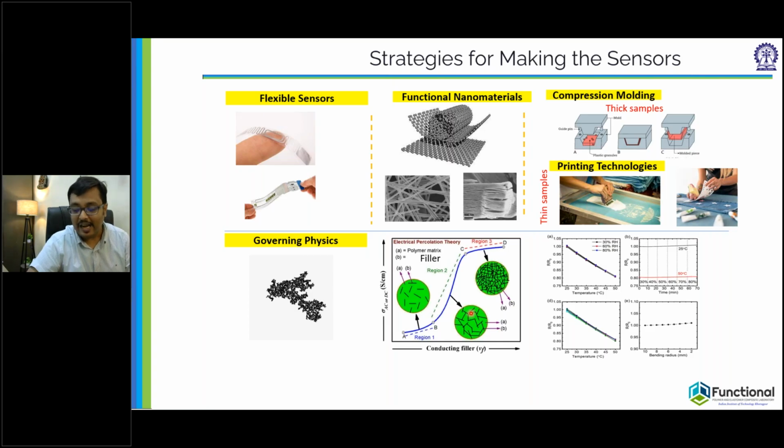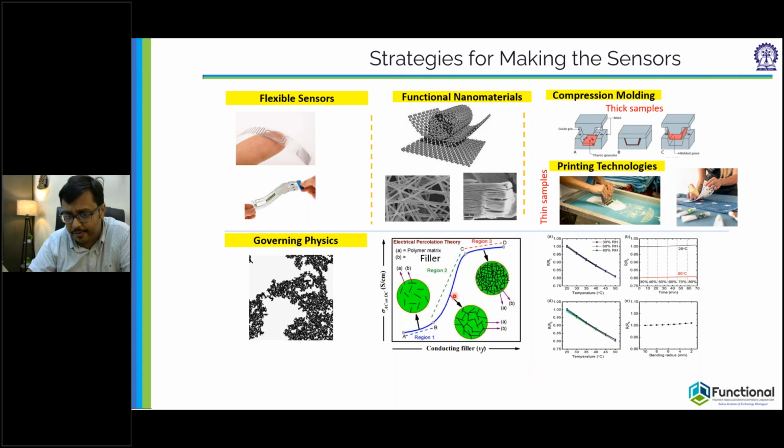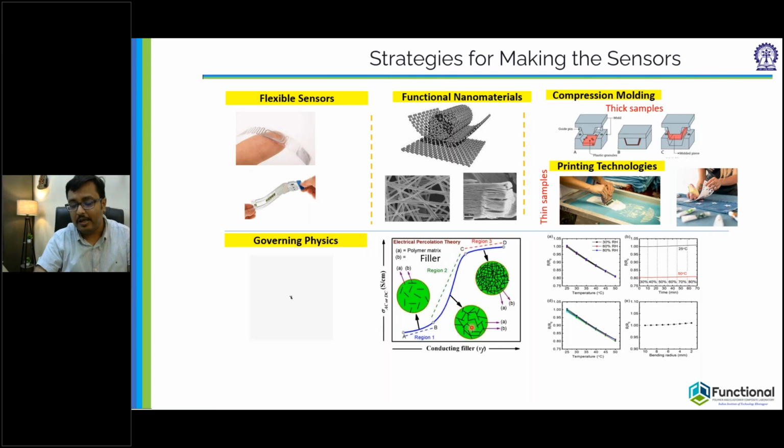Okay, and I'm not going into the details. Basically, this particular sensitivity, like this, is something as a strain. You can understand that we are pulling the sample, there is a dislocation happening in the network structure, but there are other factors also.